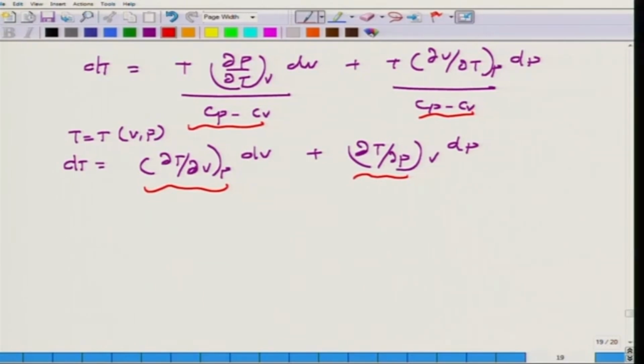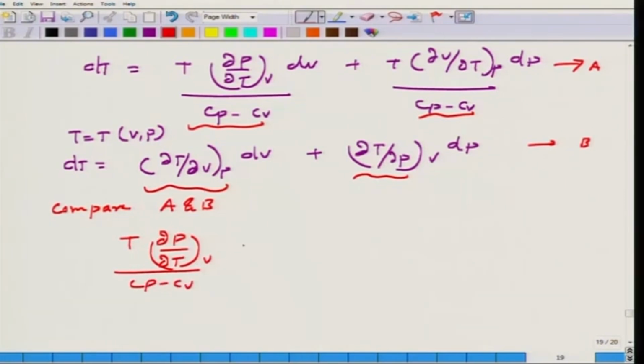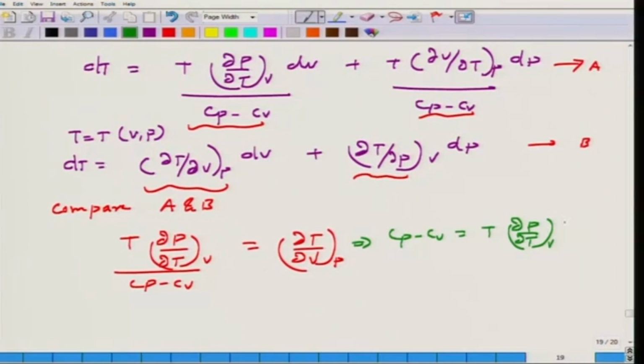So by comparing these two expressions, A and B, both will give us the same final expression of T. So let me just take one of them: T (∂P/∂T)_V, Cp minus Cv is nothing but, and this tells you that Cp minus Cv is nothing but T (∂P/∂T)_V, and using the reciprocal relation I can get (∂V/∂T)_P. Okay, so this is one expression which I got.